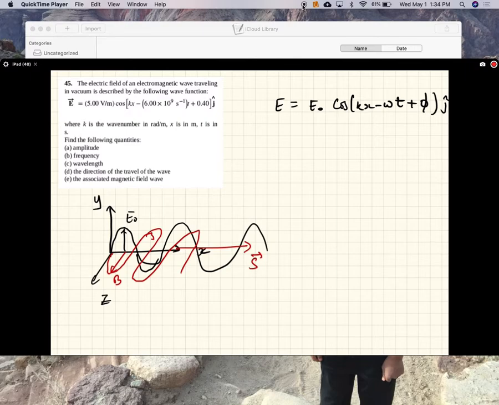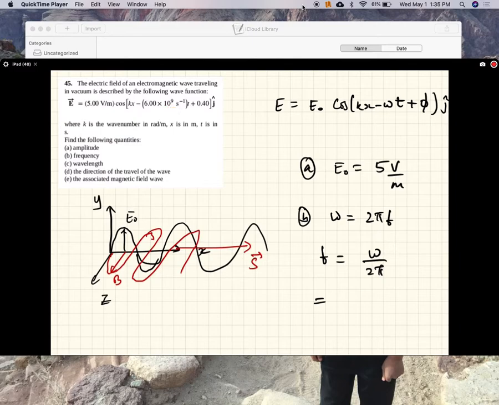Now let's calculate the various quantities. A, the amplitude of the electric field is E naught, which is 5 volt per meter. Frequency: omega is 2 pi f, so f is omega over 2 pi. Omega, you can see from the equation, is 6 times 10 to the 9 per second.